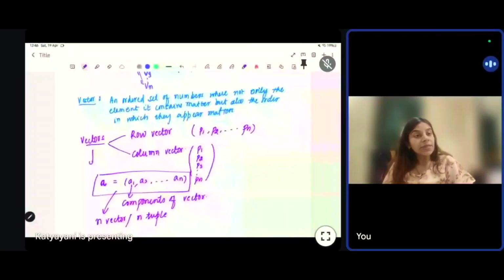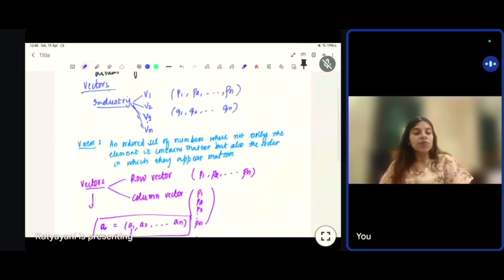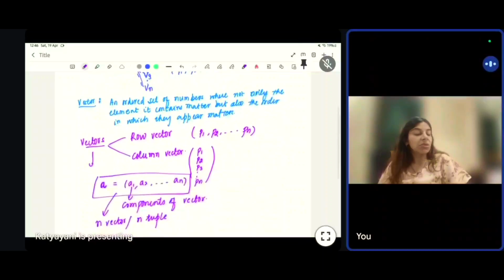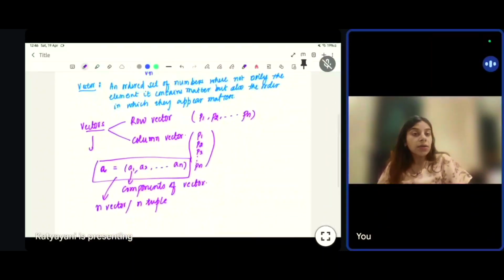So if there are four elements in a vector, then it would be called a four vector or a four tuple, right? So this much is clear. So whenever you have an ordered set of numbers, it becomes easier to denote it using a vector, right? And in the vectors, the order matters as well as the elements matter, right?